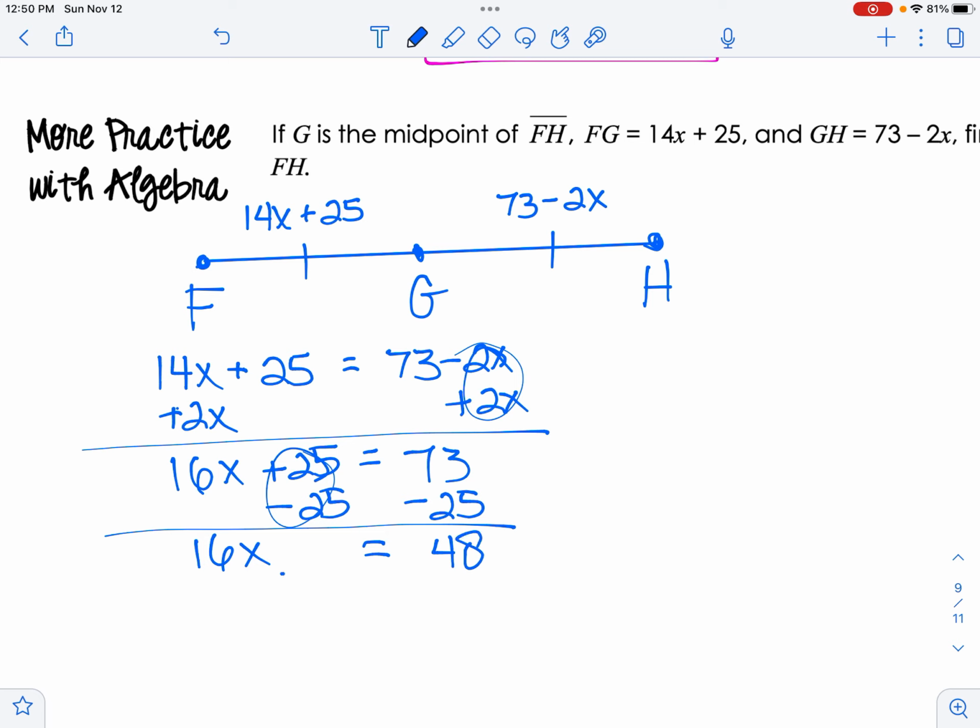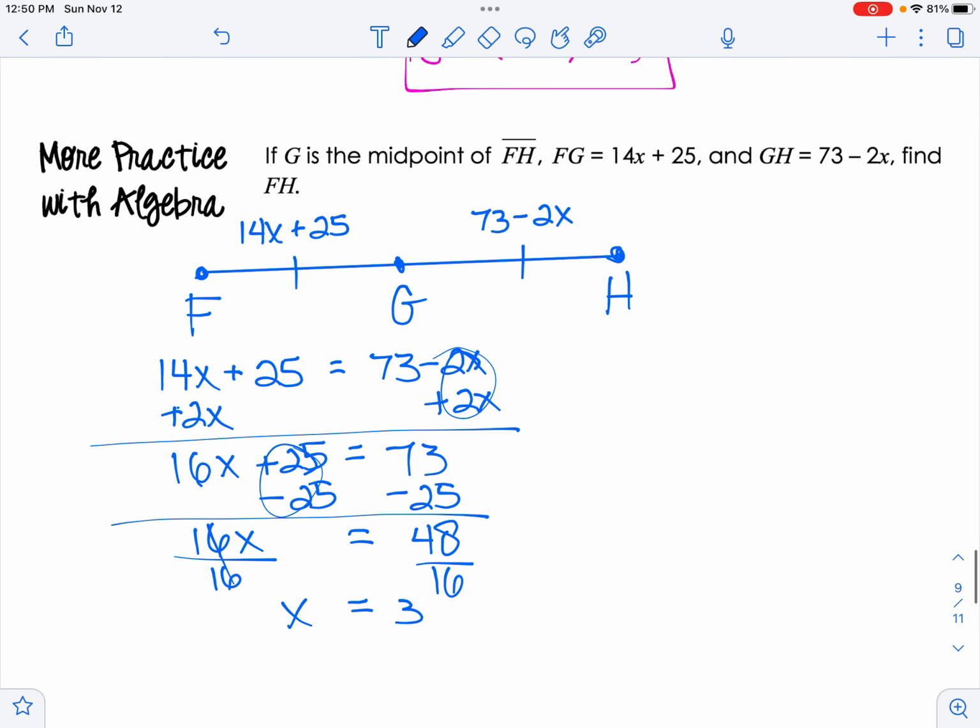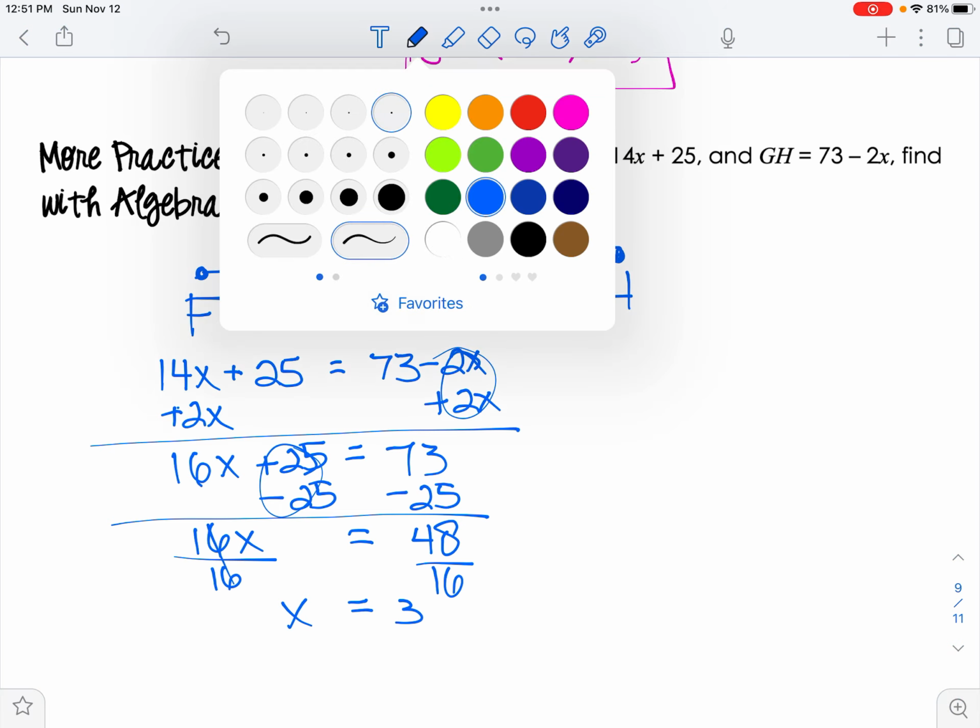Okay. Divide by 16 on both sides. And that gives me 3. So x is equal to 3. Remember, we're trying to find FH. So I know that the two segments are congruent, so I'm going to pick one of the segments to plug in for x, and see what I get. So let's do FG.